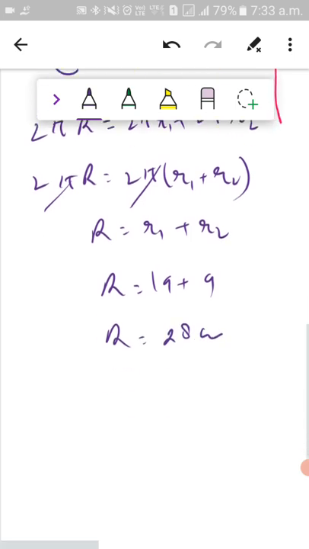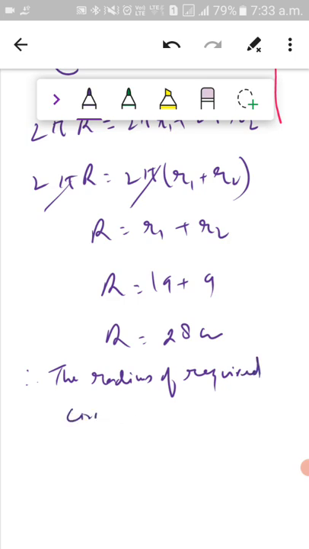So therefore the radius of the required circle is 28 centimeter.